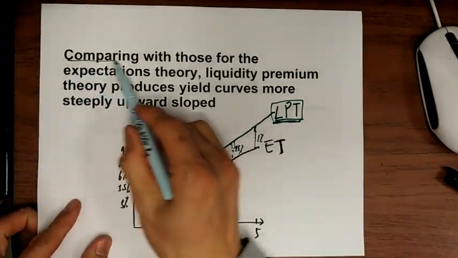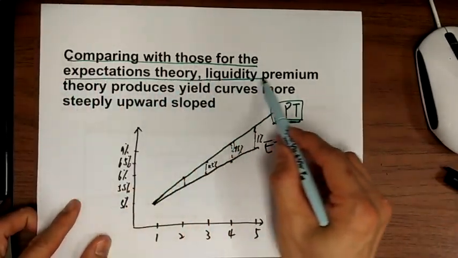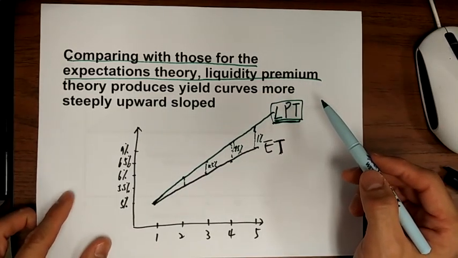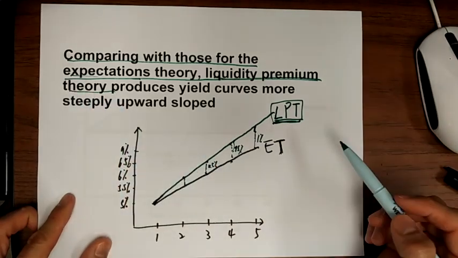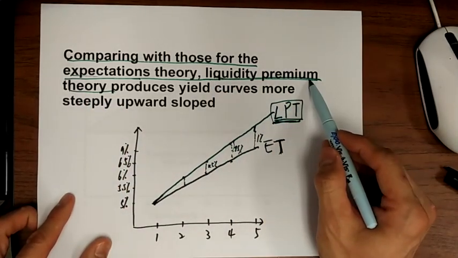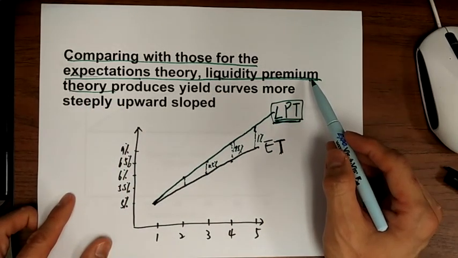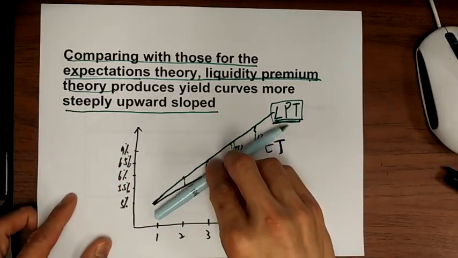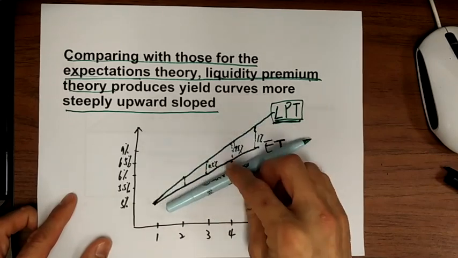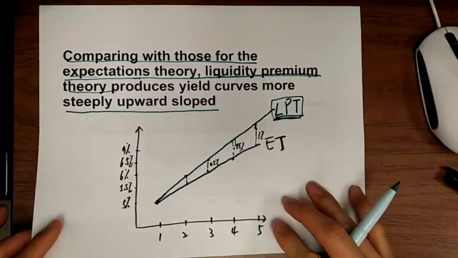Therefore, comparing the yield curves implied by the expectation theory and liquidity premium theory, the liquidity premium theory yield curve is steeply upward. More steeply upward. That is, you pivot up.